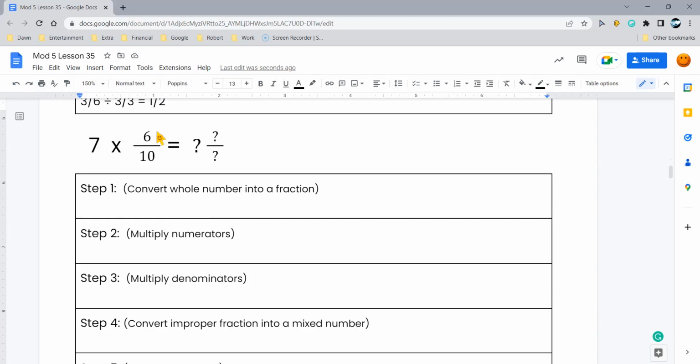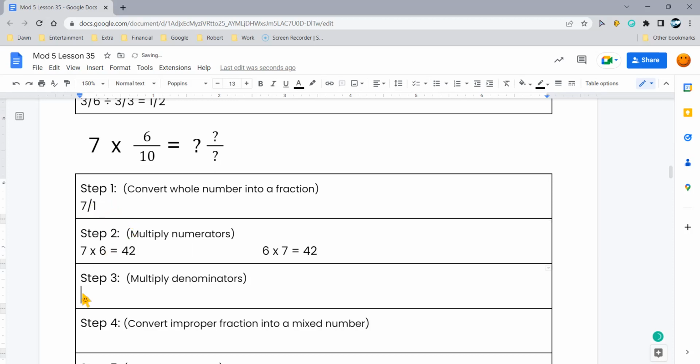So one more example. We have 7 times 6/10. So I'm going to put that into a fraction, 7 over 1. So I'm going to do 7 times 6, or if you feel like you know your 6s better, 6 times 7. Either way, the answer is 42.